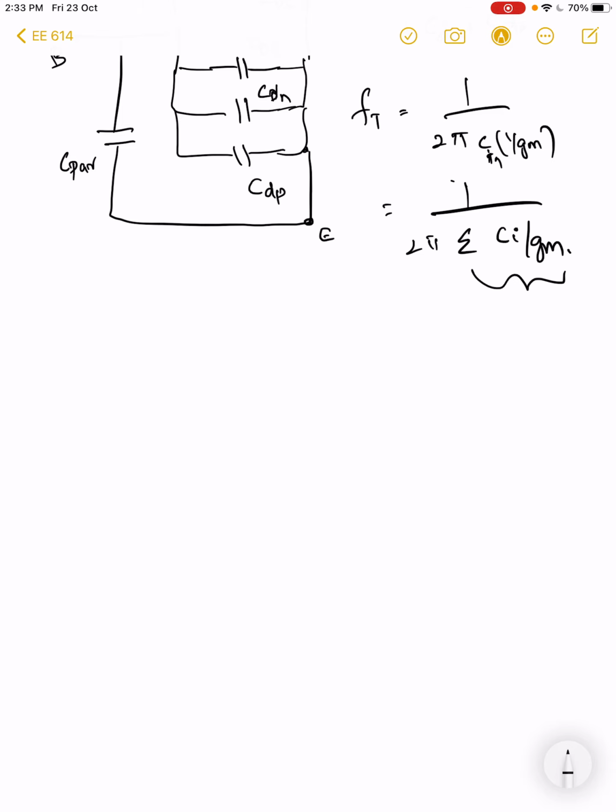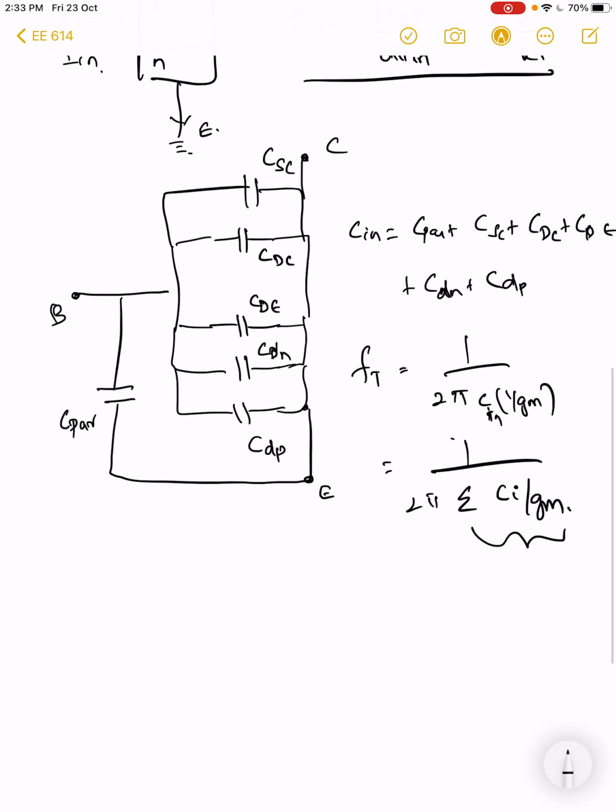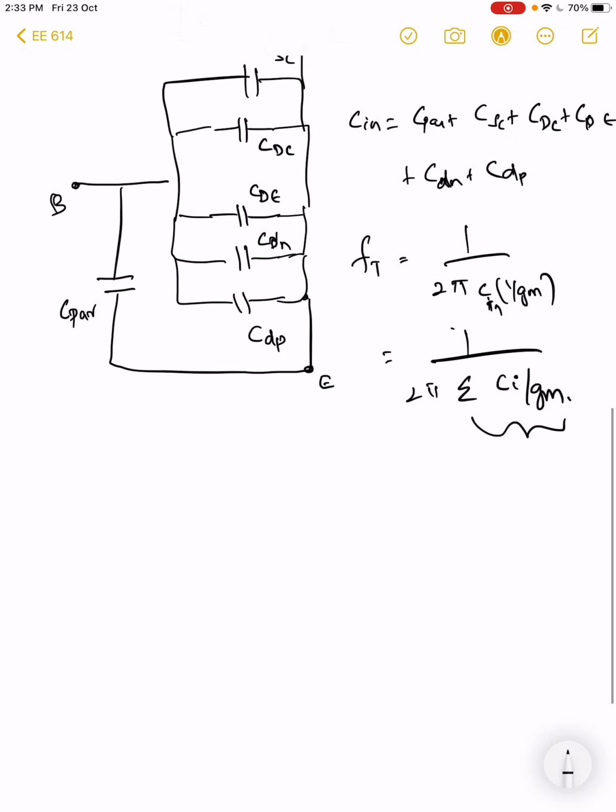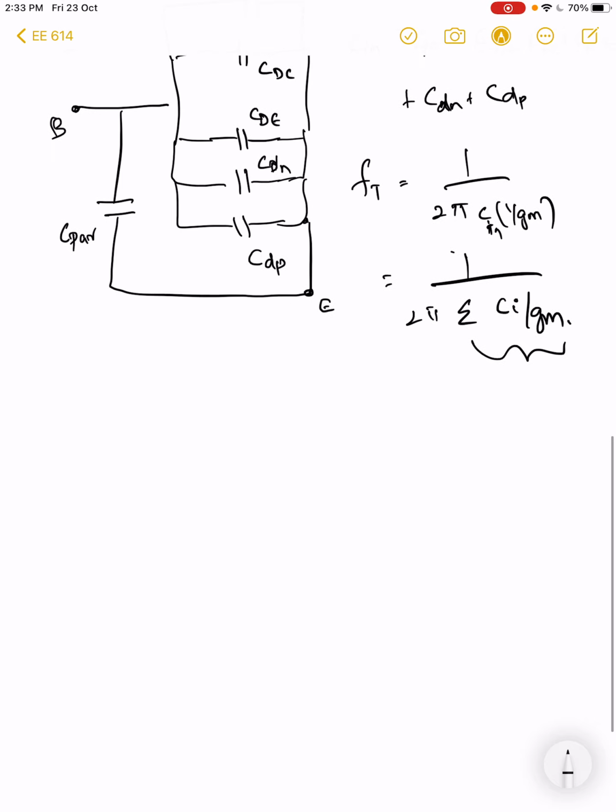So let us calculate Ci by Gm for most of these capacitances. We know that the depletion capacitances have a particularly simple form. CD, either emitter or collector, is basically dQ depletion by dV, base or collector, and it will most often turn out to be epsilon s by the width of the depletion, either emitter or collector, and we know that it depends upon the potential.